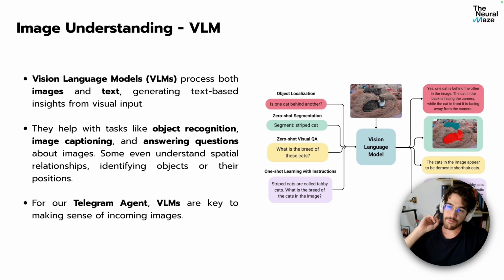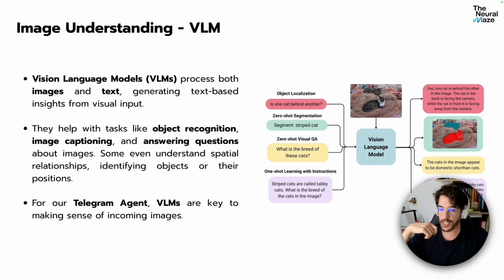So, visual language models process both images and text, generating text-based insights from visual input. They help us with tasks like object recognition, image captioning, and answering questions about images. For a Telegram agent, VLMs are key to making sense of incoming images.